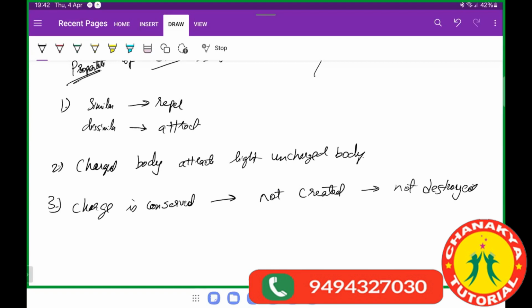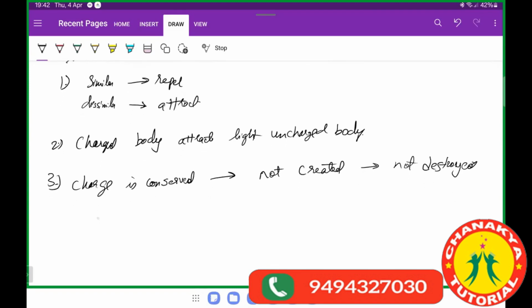So we can say they are equal and opposite charges. For example, a gamma particle gets split into two equal and opposite particles. Here it is an electron, and this is a positron. What are positrons? Positively charged electrons.